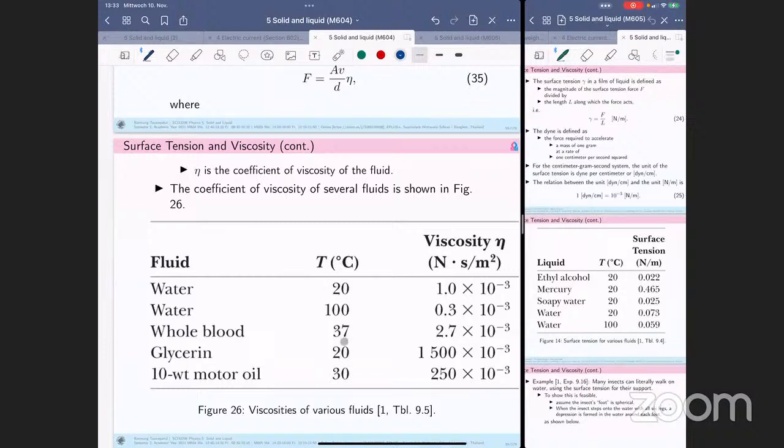Whole blood at the typical body temperature, right, 37, has 2.7 times 10 to the negative 3. You can see that the blood has higher viscosity than the water, right?